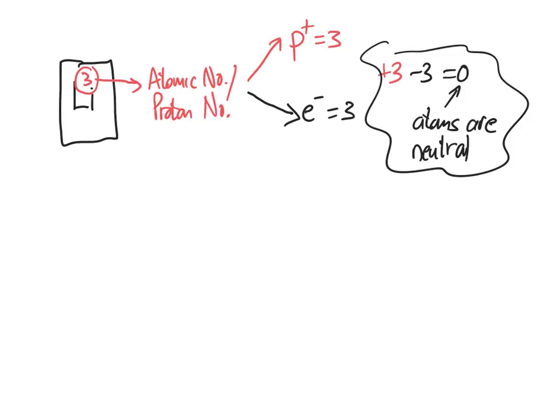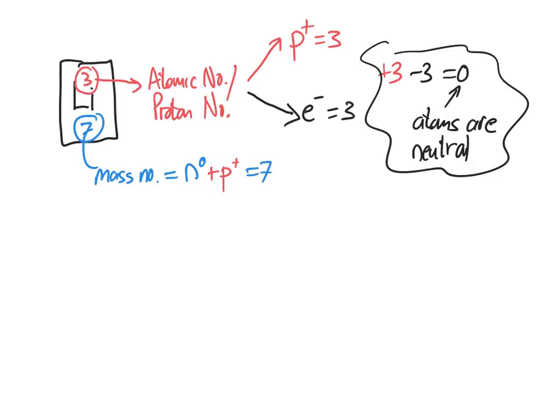If we now look at the mass number, the mass number is the number of neutrons plus the number of protons, and this equals 7.